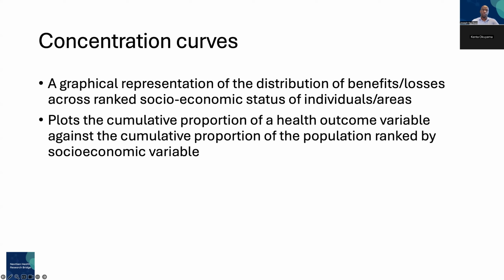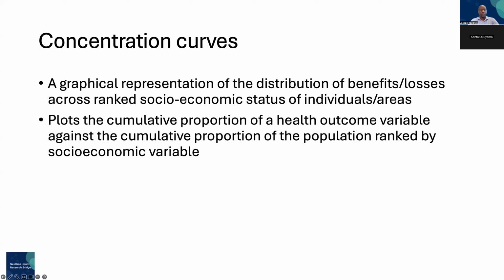So we have to rank the individuals or areas within our study along their socioeconomic status level, starting from the poorest to the richest, or the well-off. And then we also plot the cumulative proportion of the health outcome variable against the cumulative proportion of the population ranked by the socioeconomic variable.